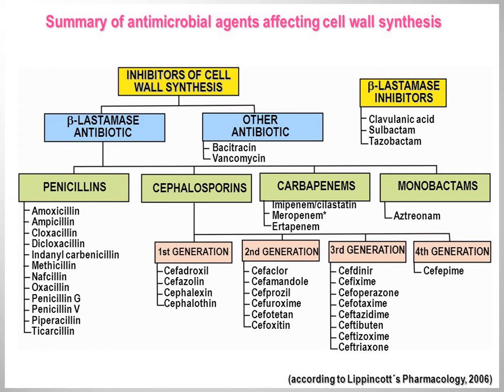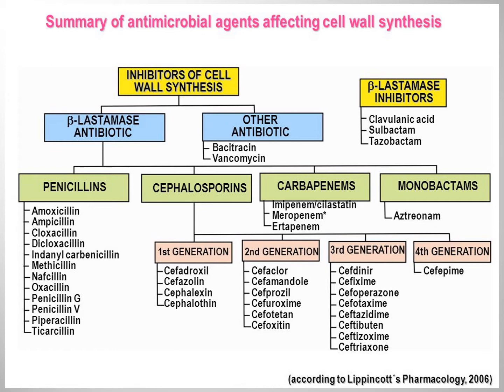So it's the penicillins with that long list that we'll talk about a couple of, but notice they all end in cillin. Then the cephalosporins, of which there are multiple generations: first generation, second generation, third generation, and so on. And then the carbapenems and the monobactams.